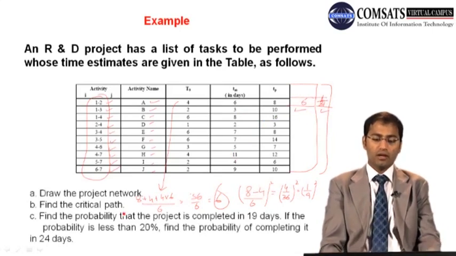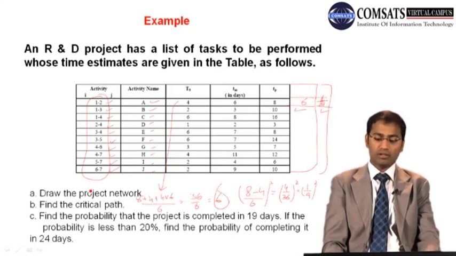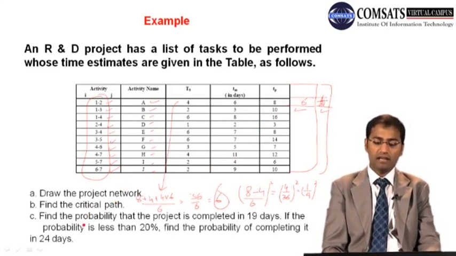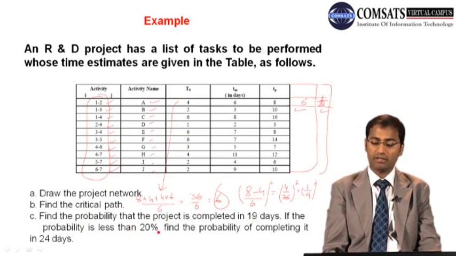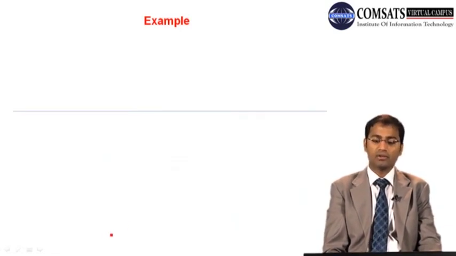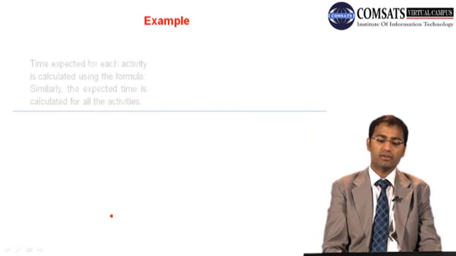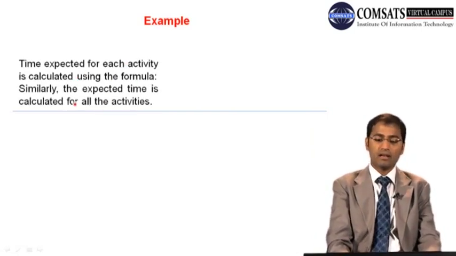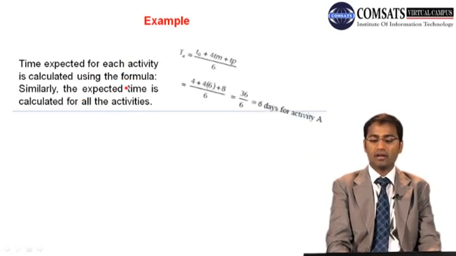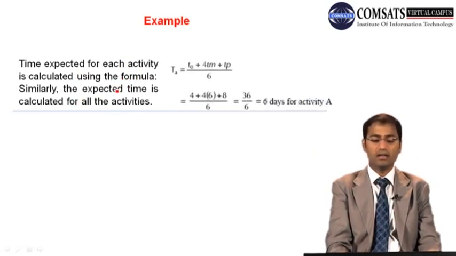Okay. So what we have to do is draw the project network, find the critical path, and find the probability that the project is completed in 19 days. If the probability is less than 20%, find the probability of completing it in 24 days. So the time expected for each activity is calculated using the formula, and we have already done that, right?